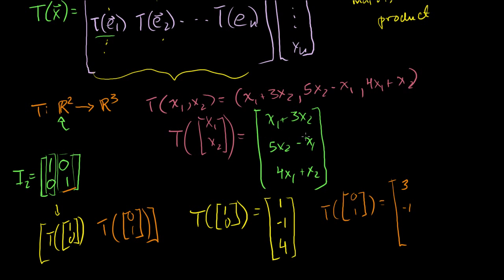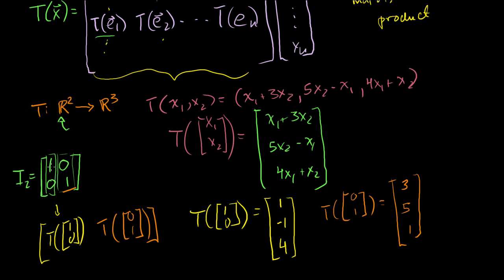I have to be careful: this is 5 times x2, and x2 is 1. So 5 times 1 minus 0, so it's 5. And then I have 4 times 0 plus x2, which is 1.